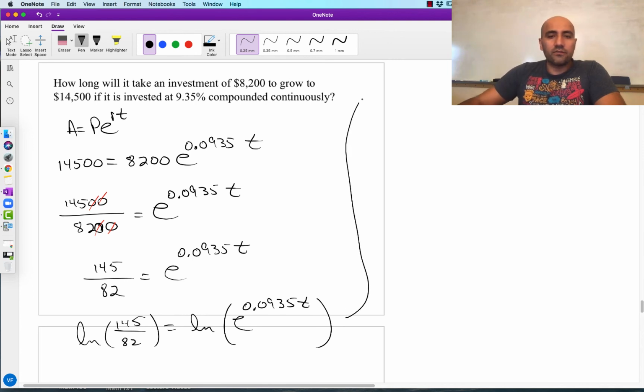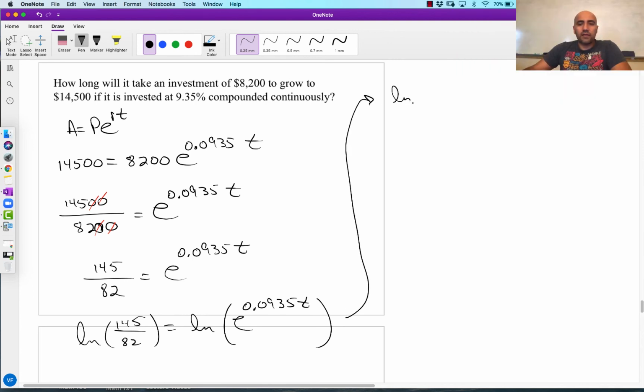They undo each other. So this is going to be equal to ln of 145 divided by 82, and that's going to be equal to 0.0935 T.